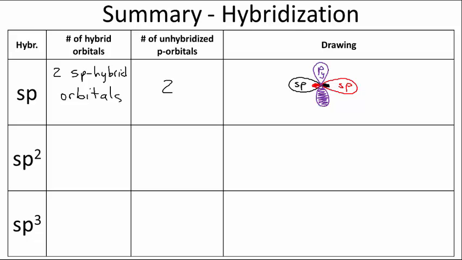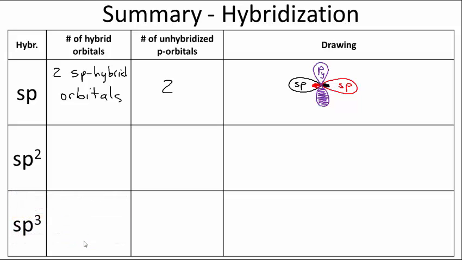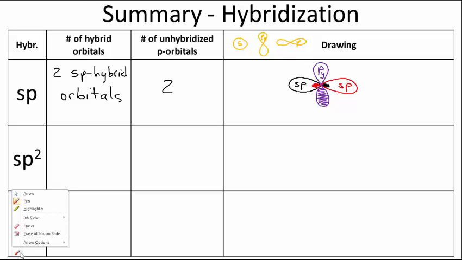So we start with four orbitals, okay? We start with an s orbital, py, px. Well, maybe I'll put the labels below so they're more legible.